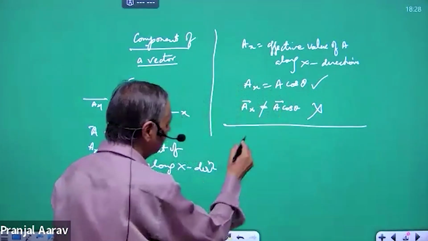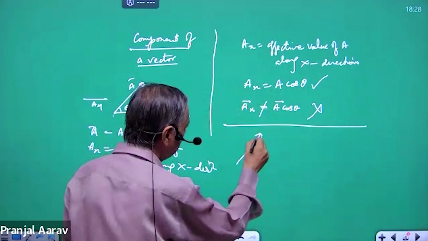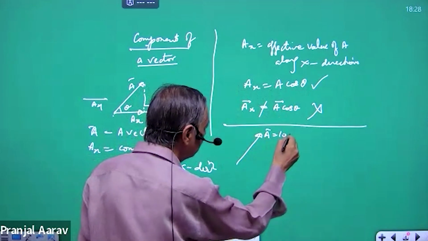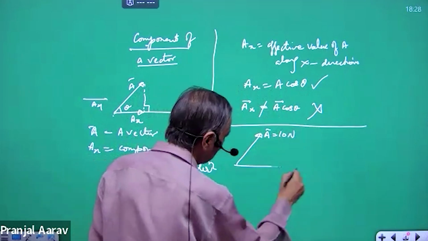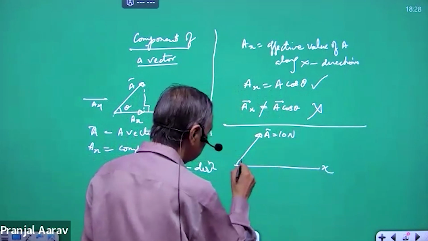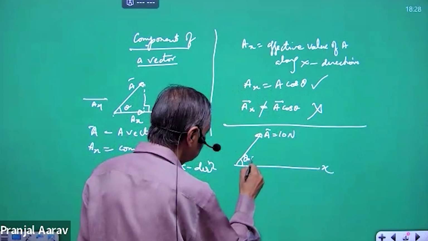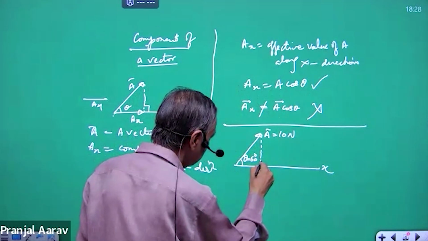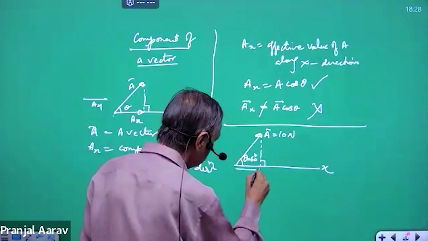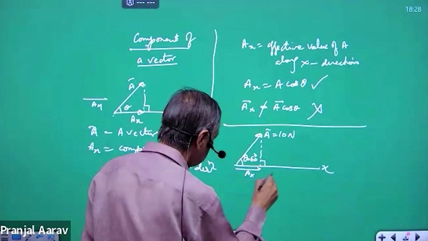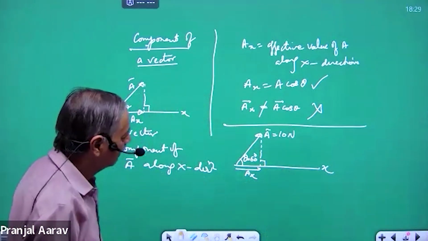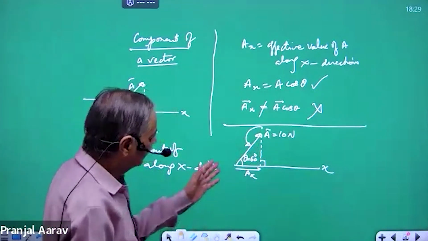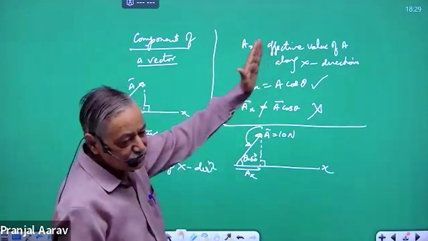I'll give an example. A is equal to 10 Newton. This is X direction. Theta is 60 degree. I apply 10 Newton this way.